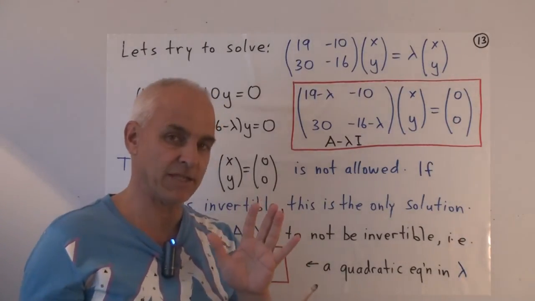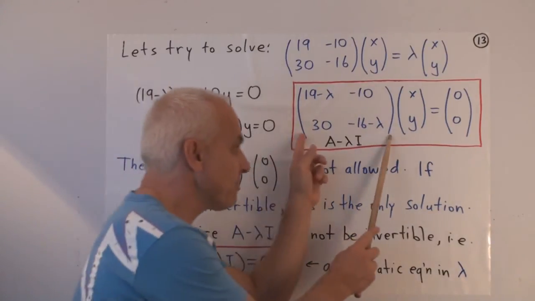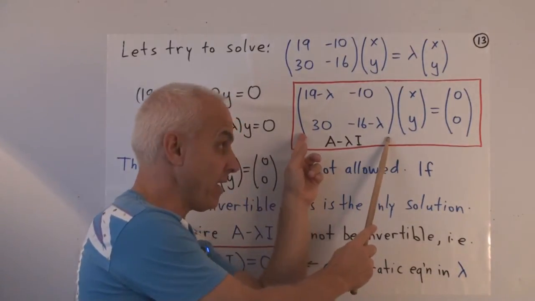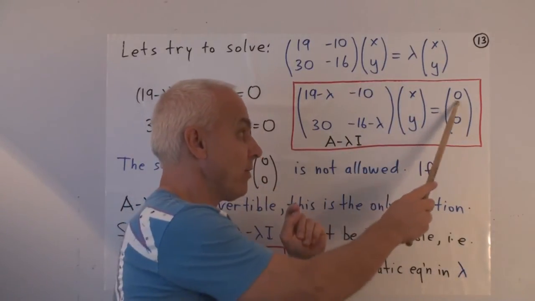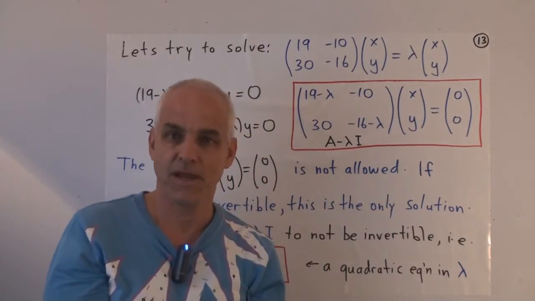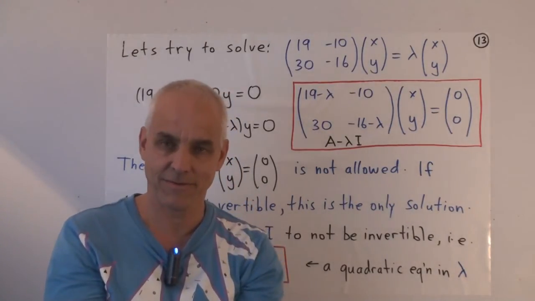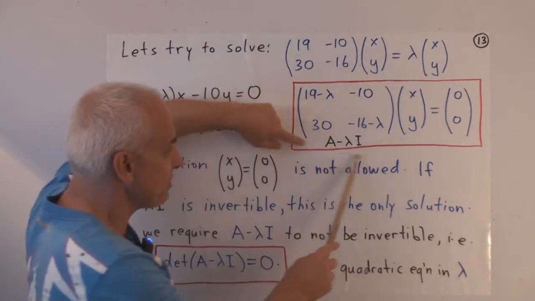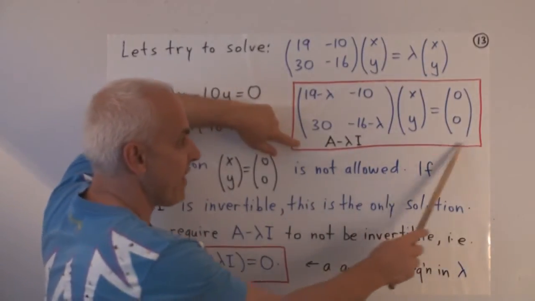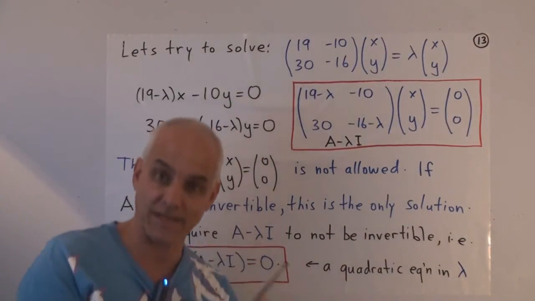If you multiply it by 0, 0, you're going to get 0, 0. So if this matrix is invertible, then we can solve this system and we get x y equals 0, 0. In other words, there's only one solution in that case. There's a very important little argument here. Let me say it again. If this matrix is invertible, then in fact this system only has the solution 0, 0, which we're not interested in.